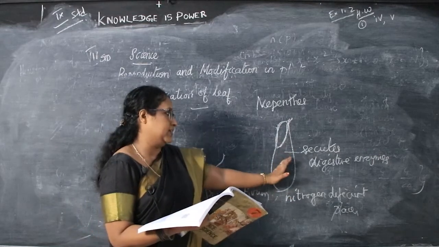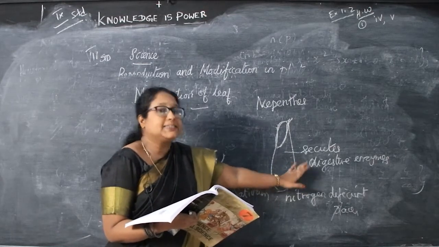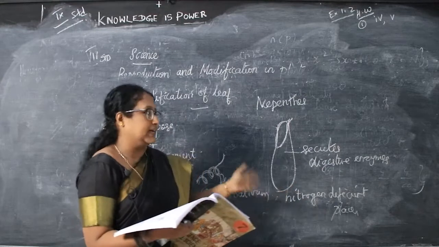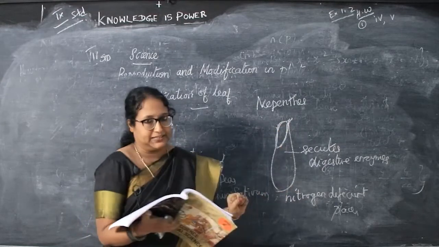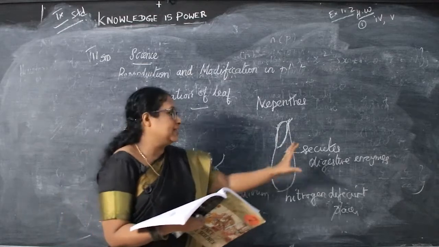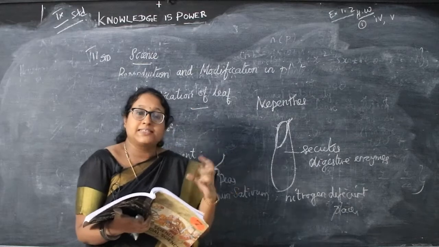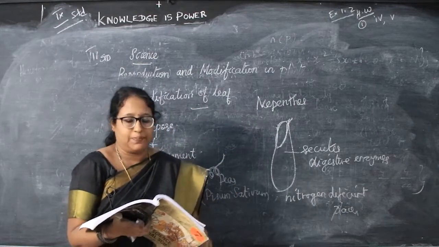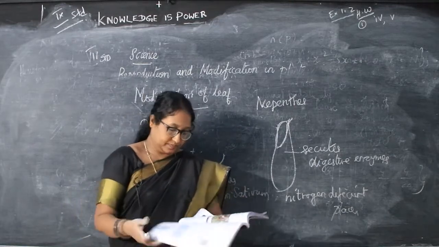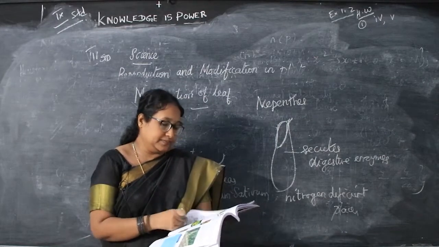So they trap the insects, digest them, and then extract the nitrogen from them for the plants. So by this we are finishing the lesson, children.